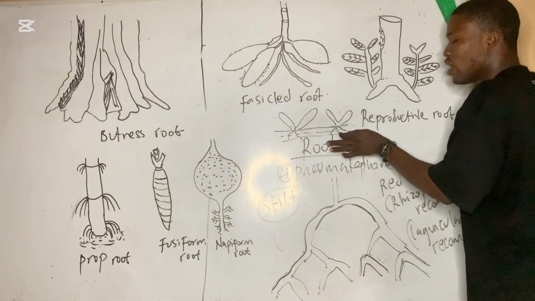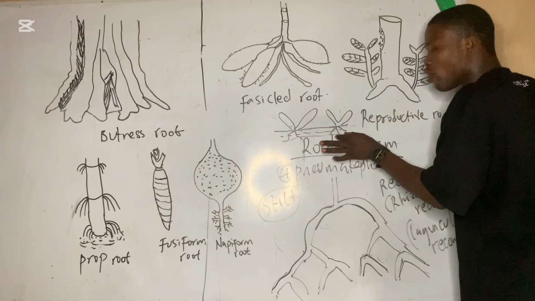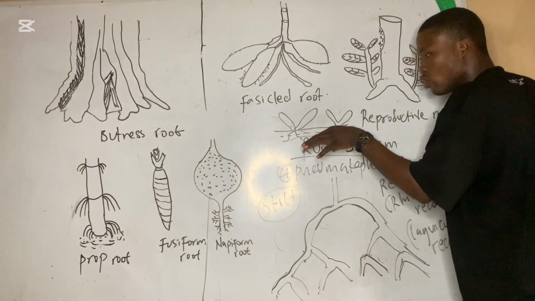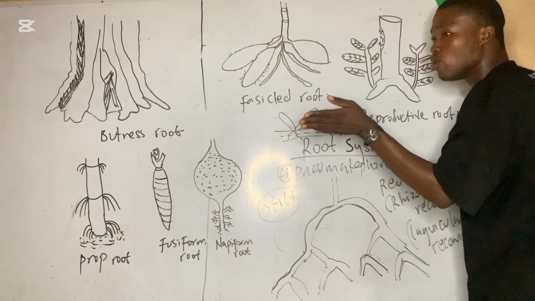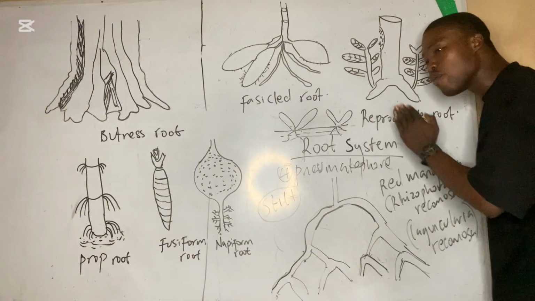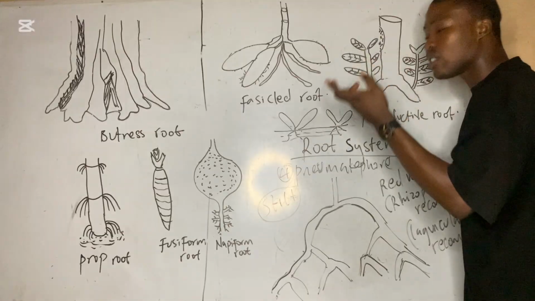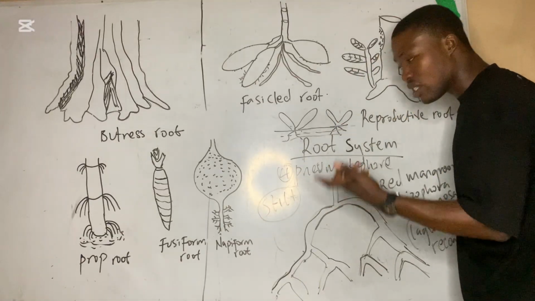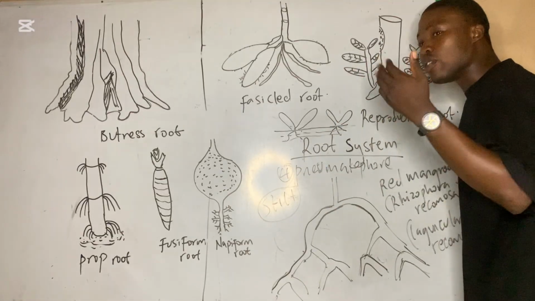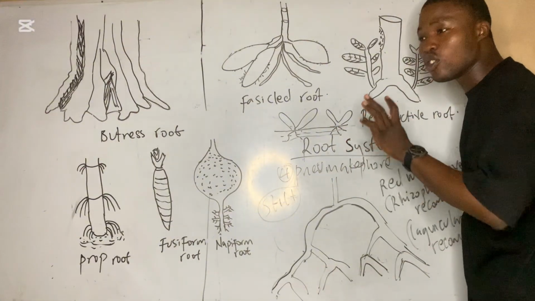The function of this root is to collect minerals and water. Maybe I've not said it in this video, but aside from anchorage, the function of the root is to take mineral salt and water, usually from the soil or the substrate it is growing on.